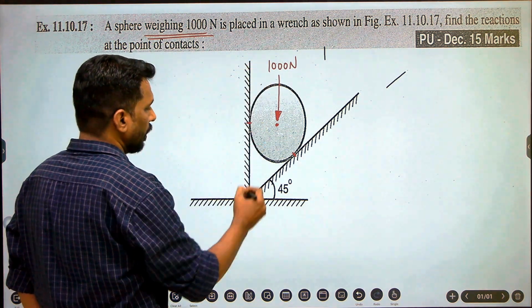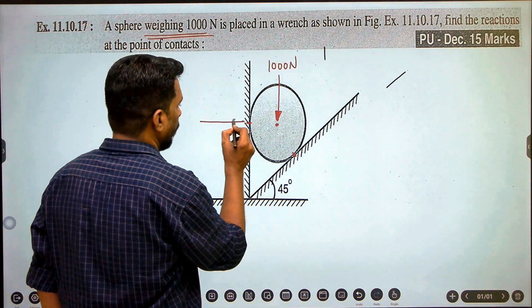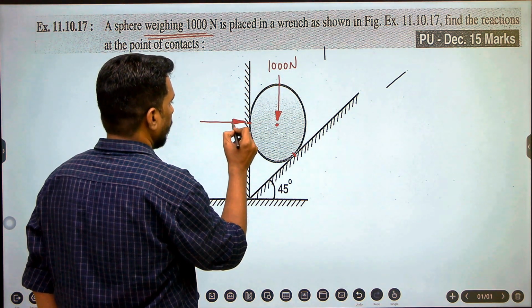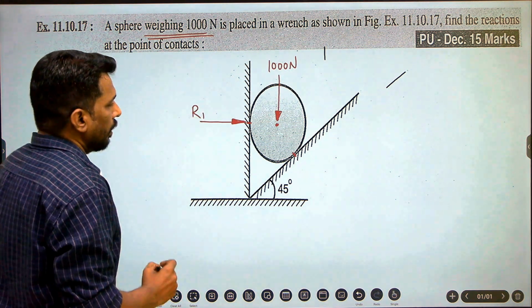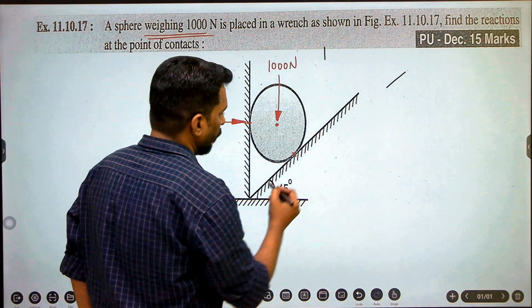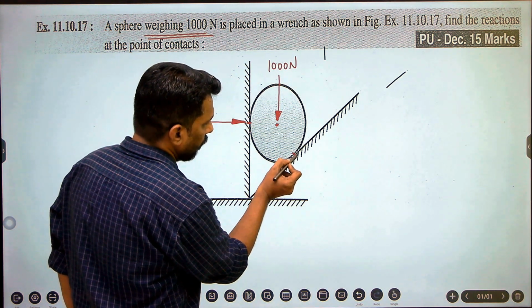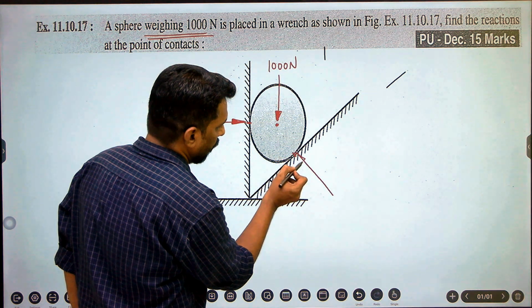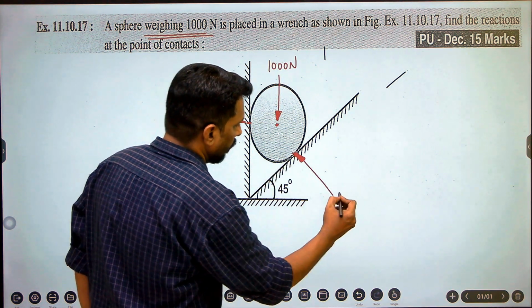So this is a vertical surface, so of course perpendicular means horizontal. So this is reaction, let it be reaction 1, and now this one. So we have to draw it in such a way that the reaction must be perpendicular to this point. So approximately I am drawing a line which is perpendicular to this contact surface. So this is R2.